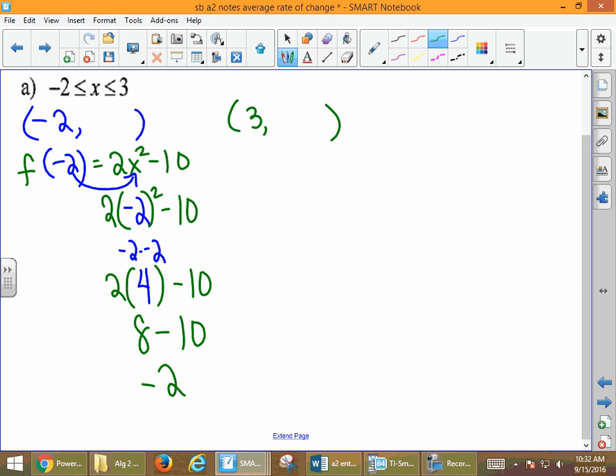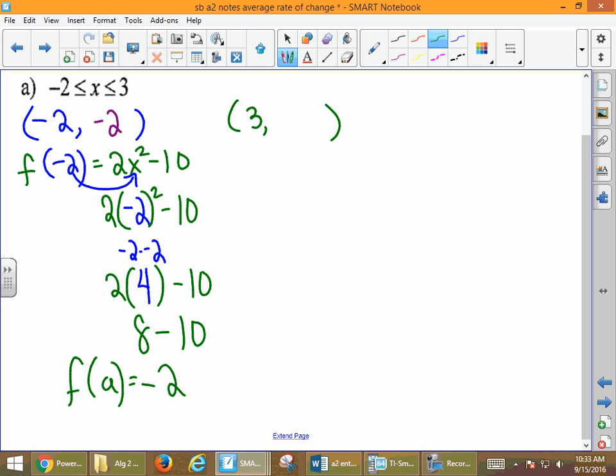That value is going to go back up here. It is coincidence that it's still -2. Strictly coincidence. By the way, what we just figured out is f of a.